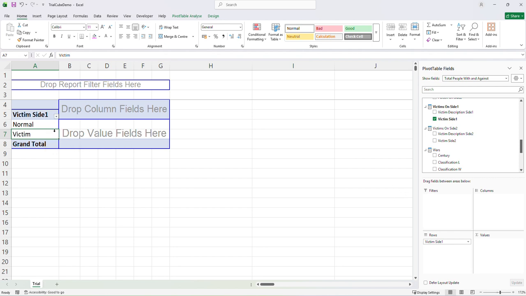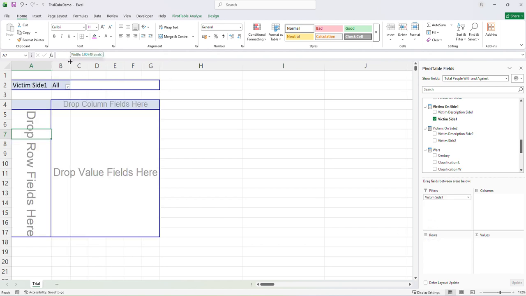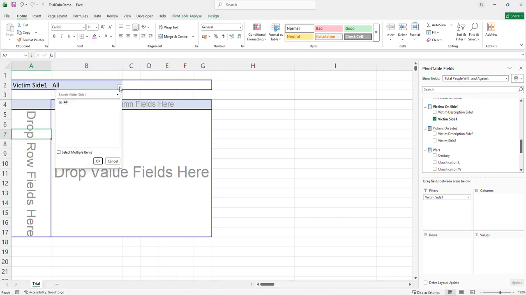So this will be used as a filter. One thing about the filter is, because it's an offline cube, when I get these values out in the filter, I get one additional thing, unknown, but it will not be used. Don't worry about this unknown being shown. There is nothing unknown.